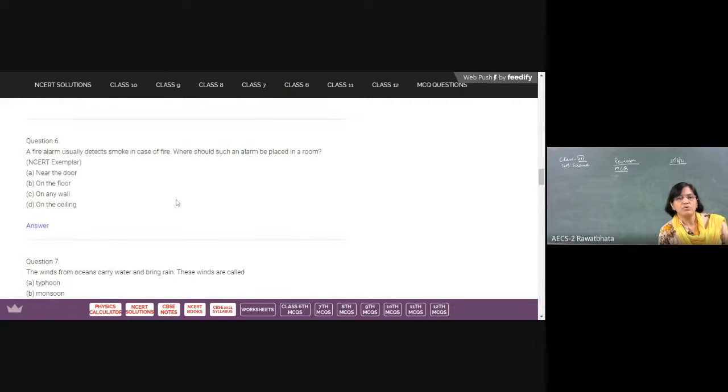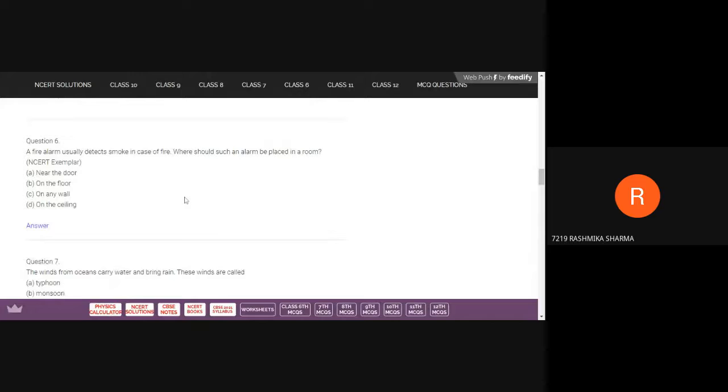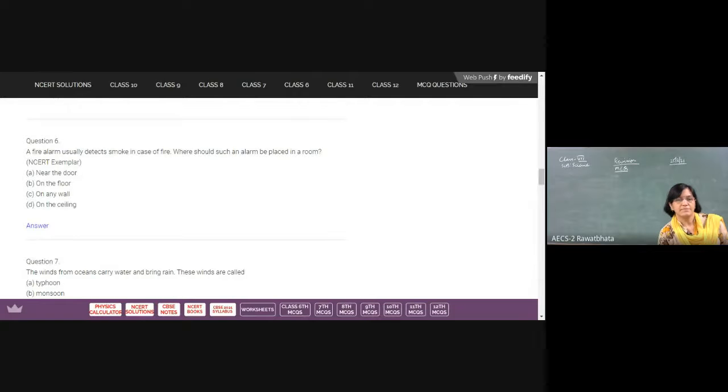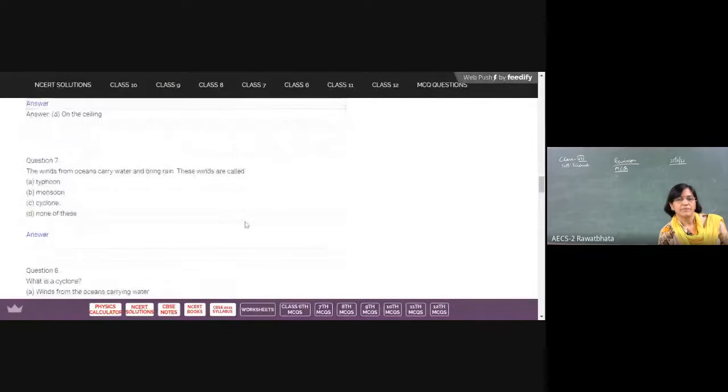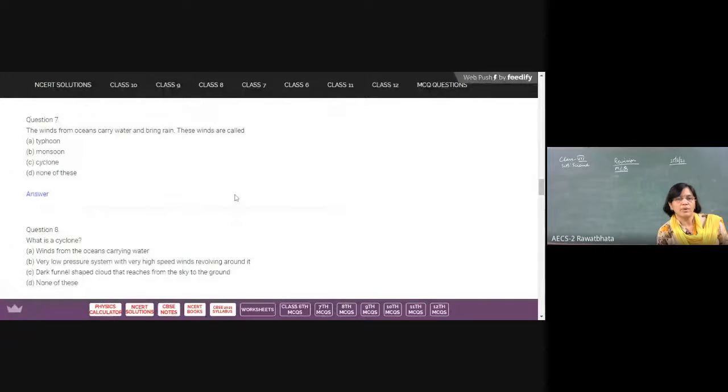A fire alarm usually detects smoke. Where should such an alarm be placed in a room? Rashmika? Ma'am, on the ceiling. Let's see. Correct answer. The winds from oceans carry water and bring rain. What do you call these winds? Very, very simple question.